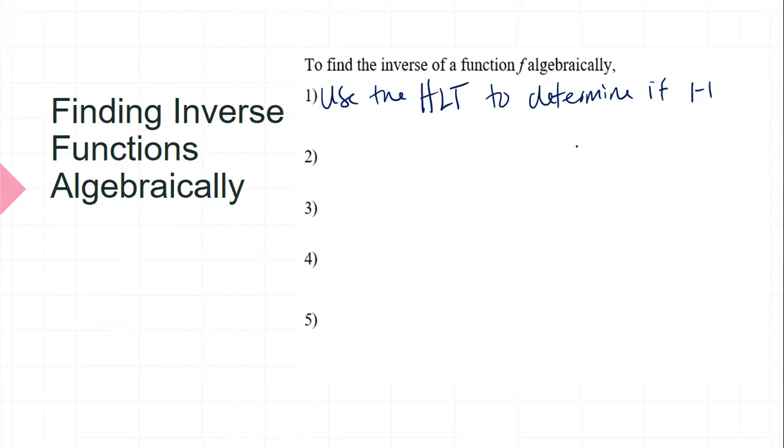If it comes back yes, you are good to go. If it comes back no, we're going to have to see if there's a restriction that has to be applied. Saying, you're not quite good enough to be a function, but if you do this, you can be.